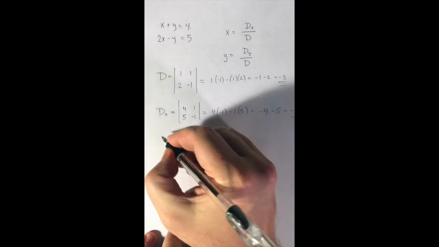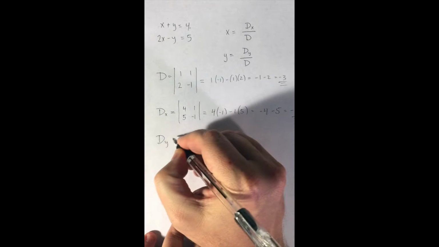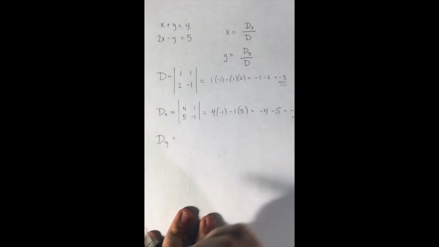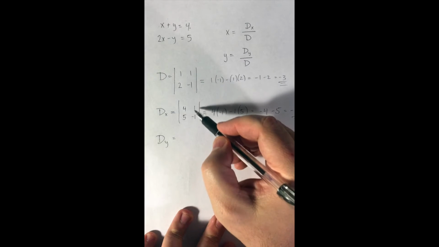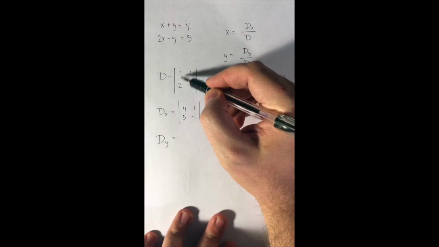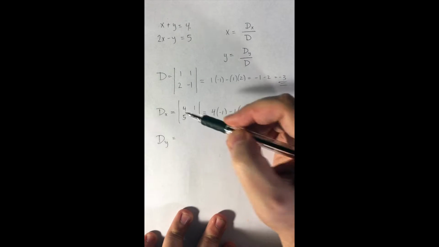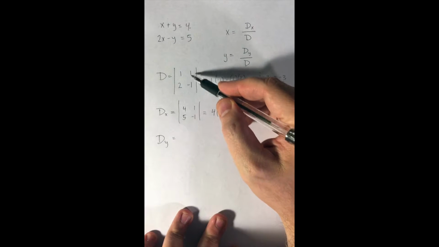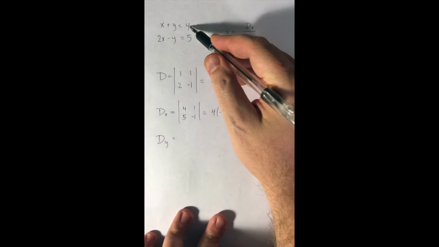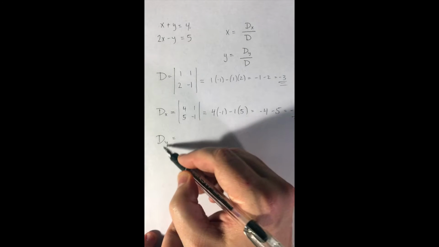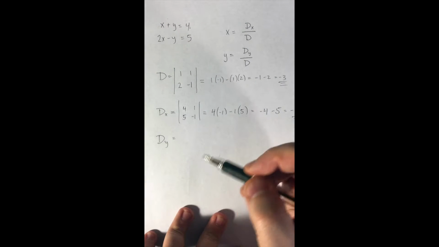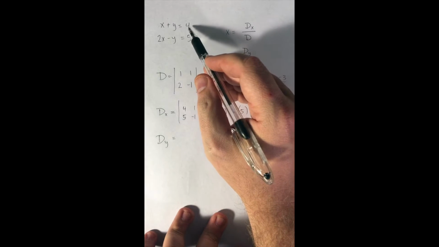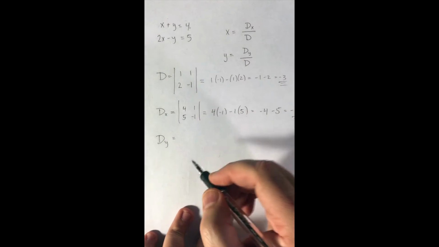Now we can find Dy in pretty much the same way. The only difference is that instead of replacing the x column, the 1 and the 2, with the 4 and the 5, now we're going to replace the 1 and the negative 1 that were originally in the y column with the 4 and the 5. So really the subscript tells you which column you're replacing with the numbers that show up on the other side of the equation.